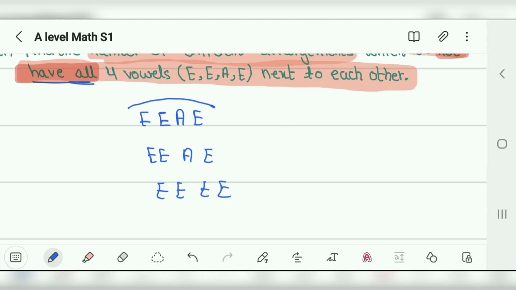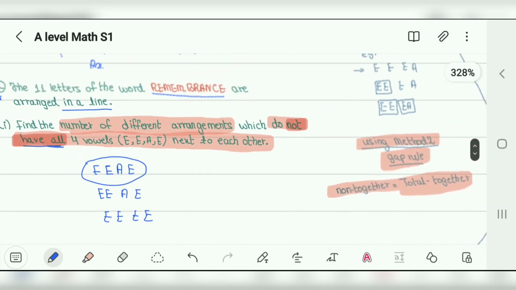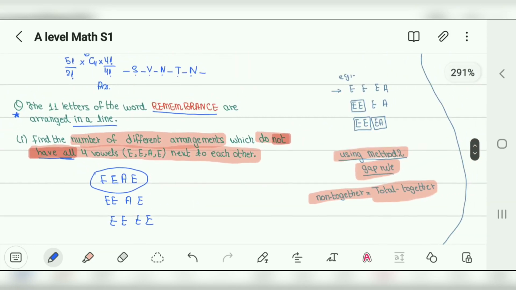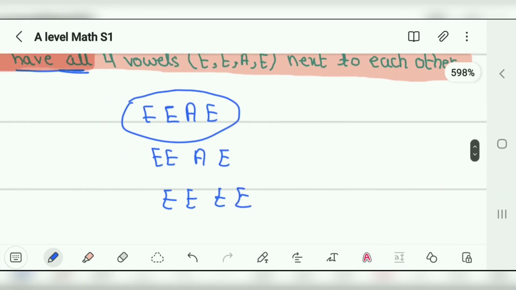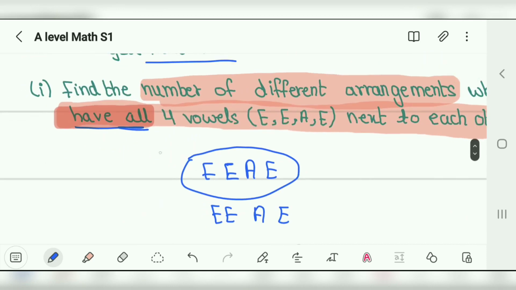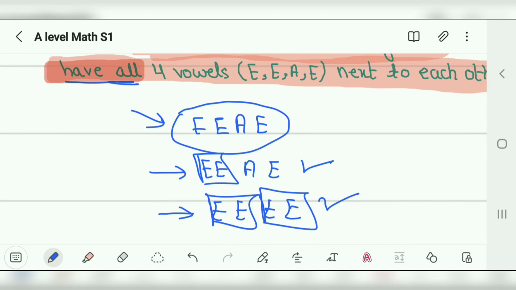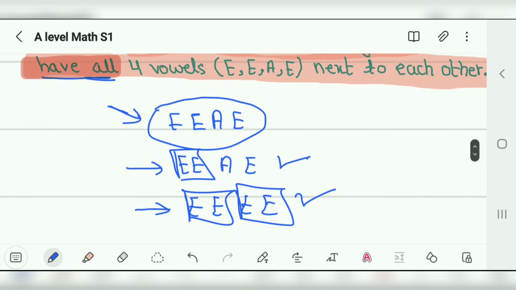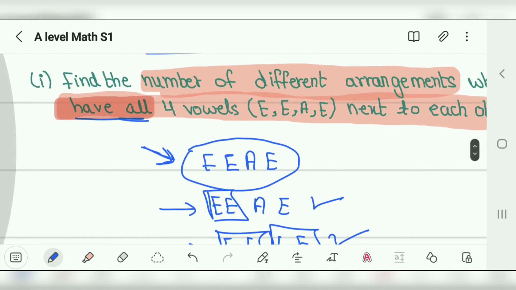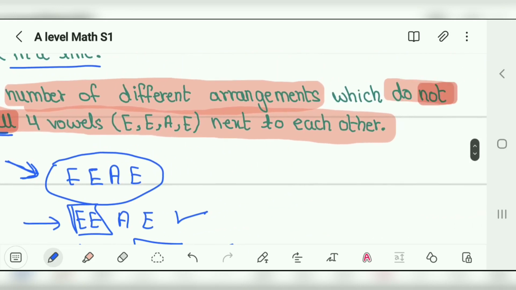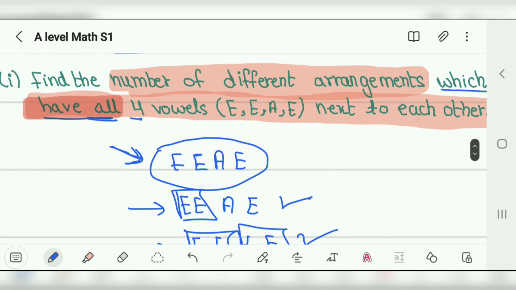But it says that all together they must not be next to one another. Yeah, this is what it means. Do not have all 4 vowels next to each other. But it didn't say about this or this. It can happen: 2 vowels can be together and the other 2 in a group together, they can, but all 4 vowels must not be next to each other. That's what the question is talking about.